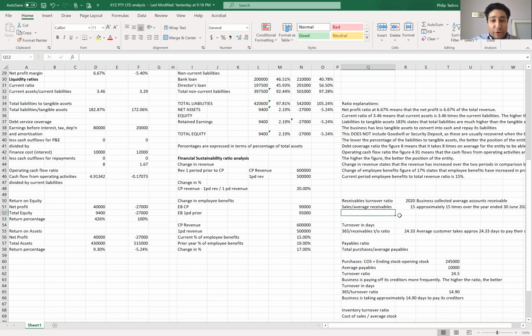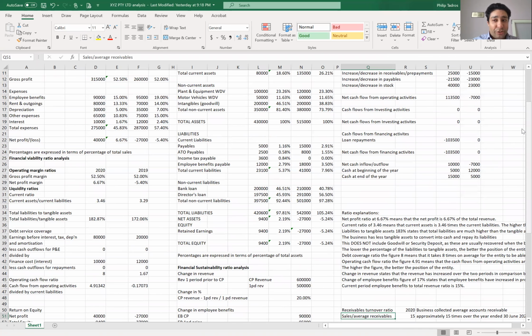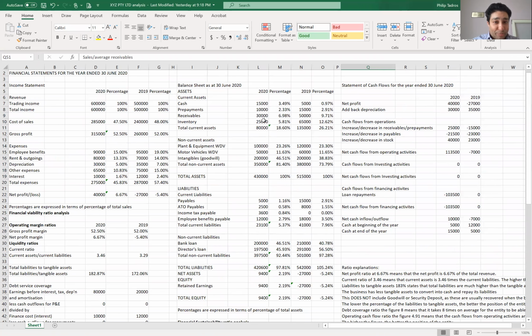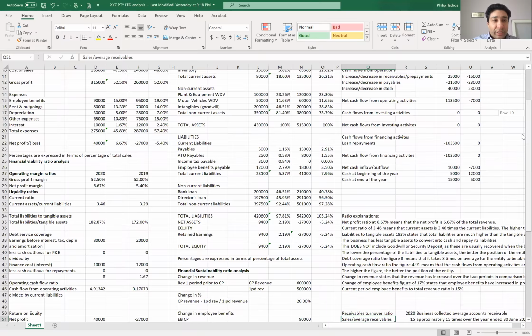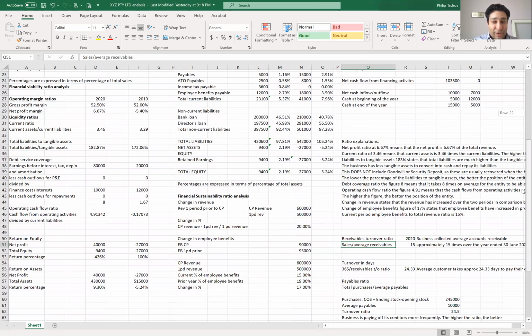So the receivables turnover ratio is your credit sales divided by the average receivables. So the average receivables you can get from 2 years in comparison. If you go back up to the balance sheet, 50,000 plus 30,000 divided by 2. And then your total sales is what you have there in the income statement.